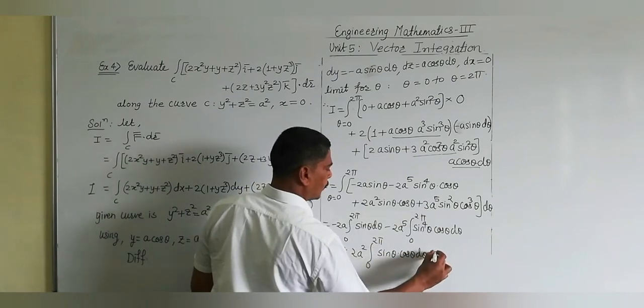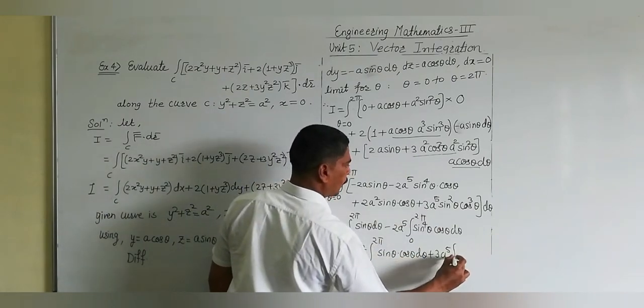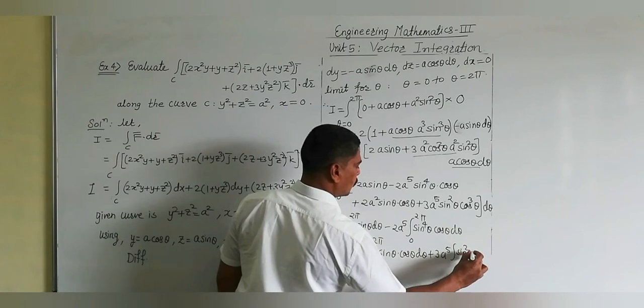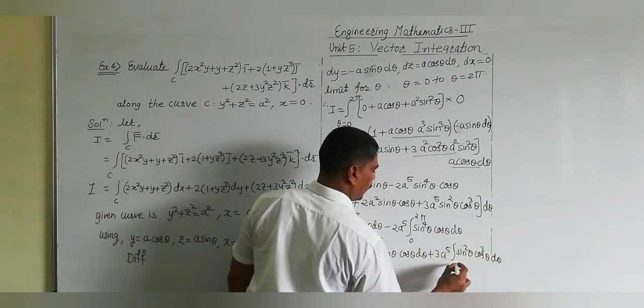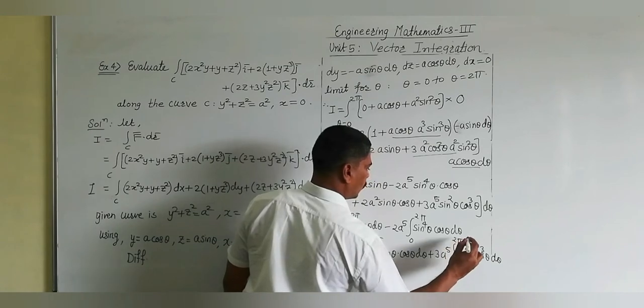And the last becomes plus 3a raised to 5 integration sine raised to 2 theta into cos raised to 3 theta d theta, limit from 0 to 2 pi.